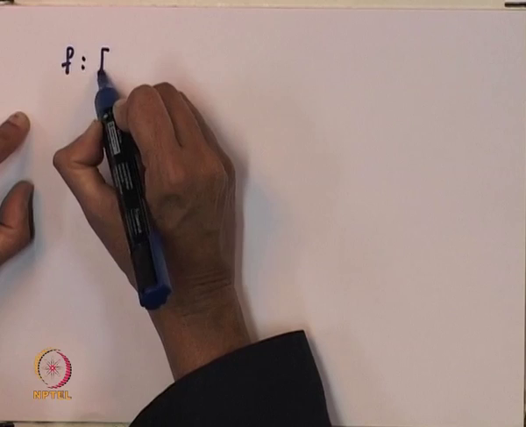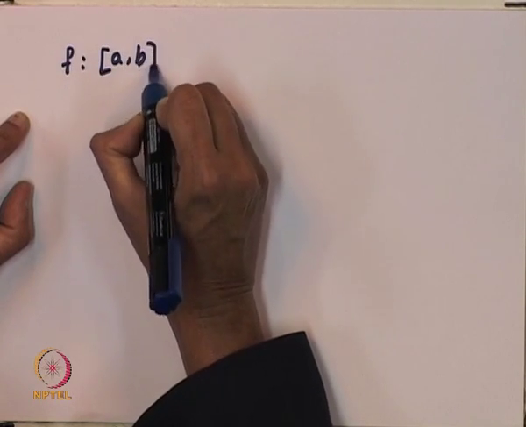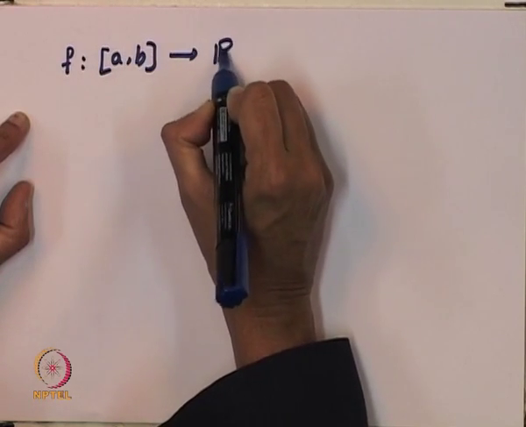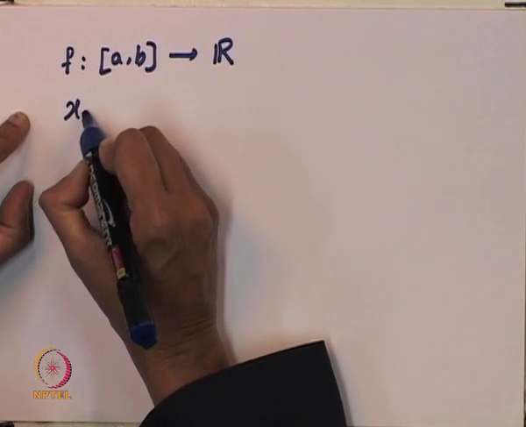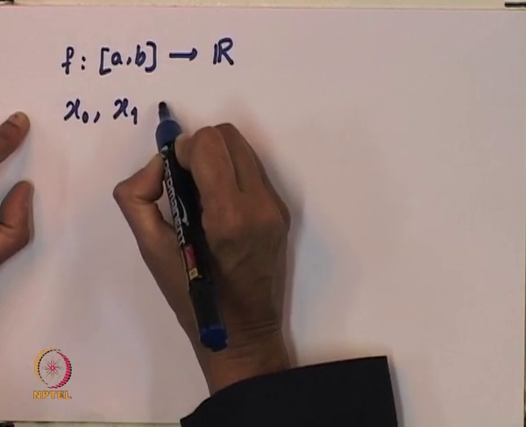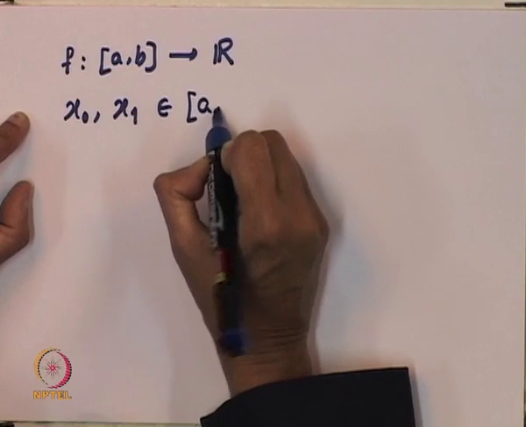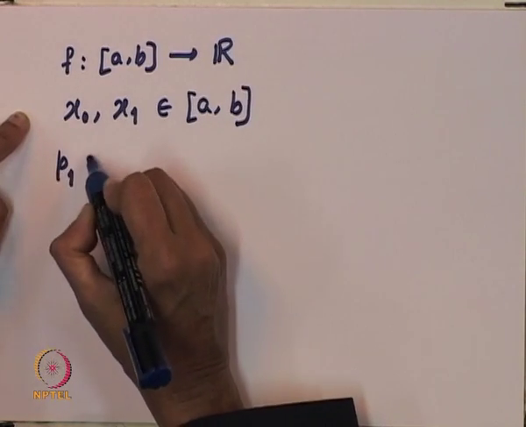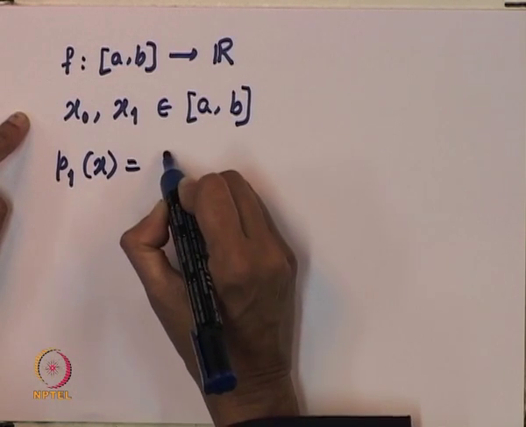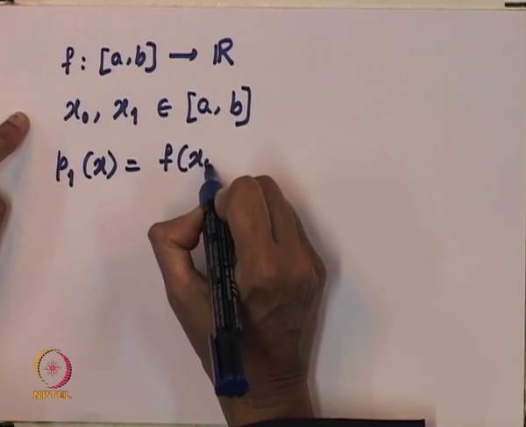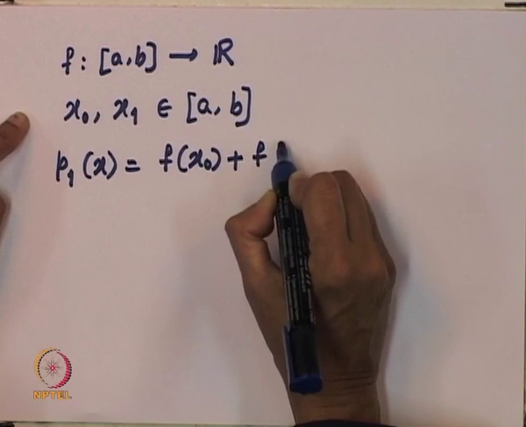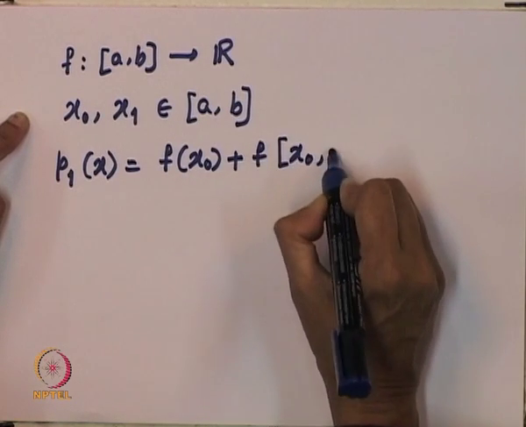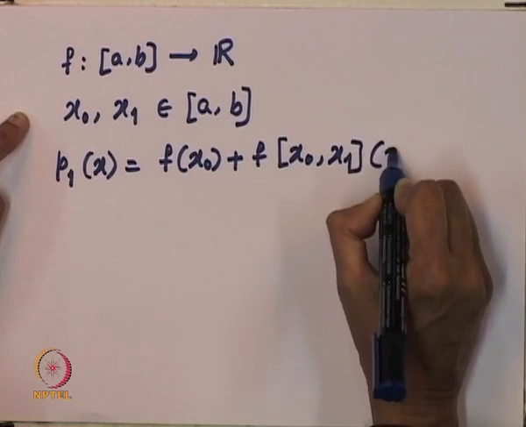If you have f defined on interval a b, taking real values, and x 0 and x 1 are points in interval a b, then p 1 of x is equal to f of x 0 plus f of x 0, x 1 into x minus x 0.